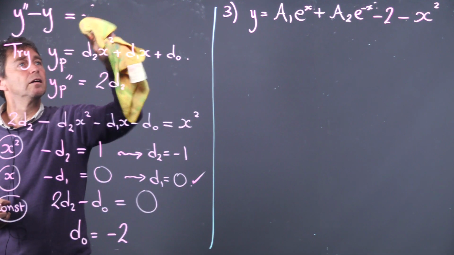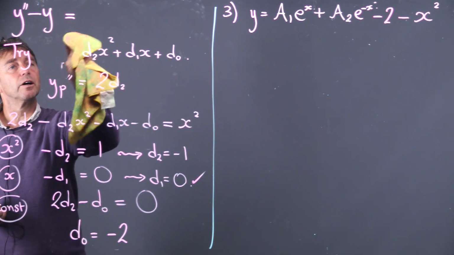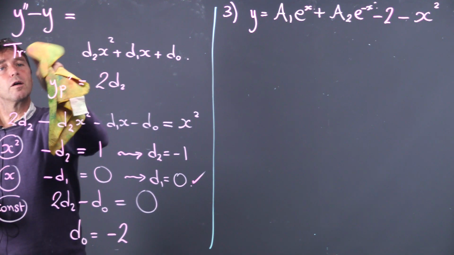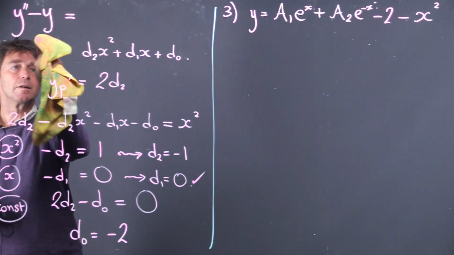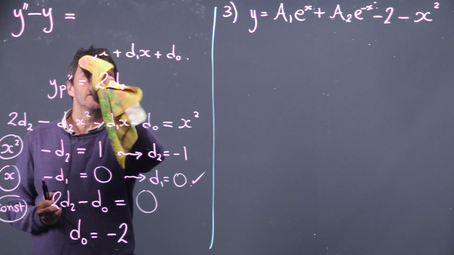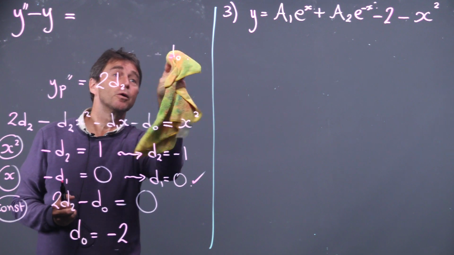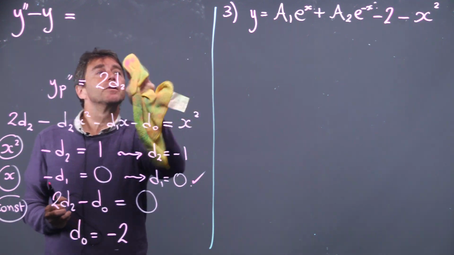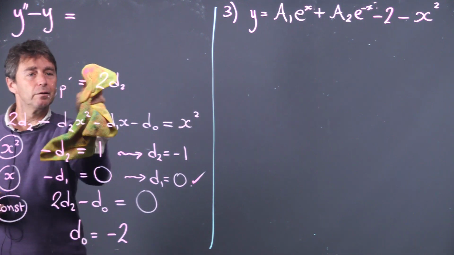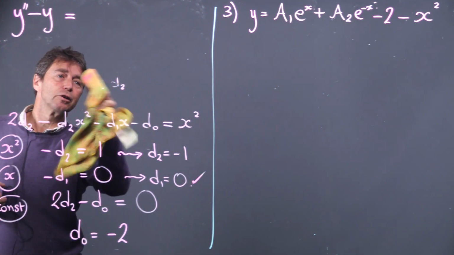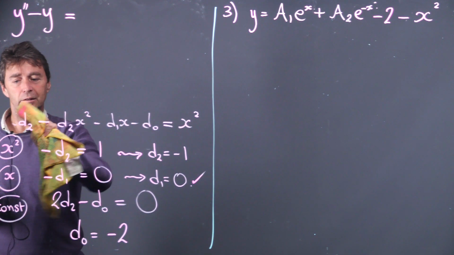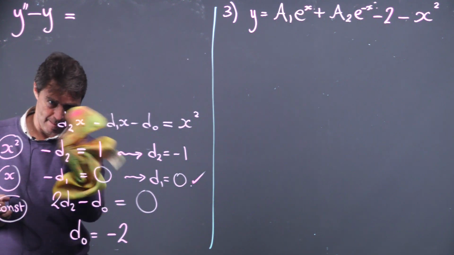Right. So we've now done an exponential. On the right-hand side, the trial particular solution was an exponential. We then put a polynomial on the right-hand side. The trial particular solution is a polynomial.